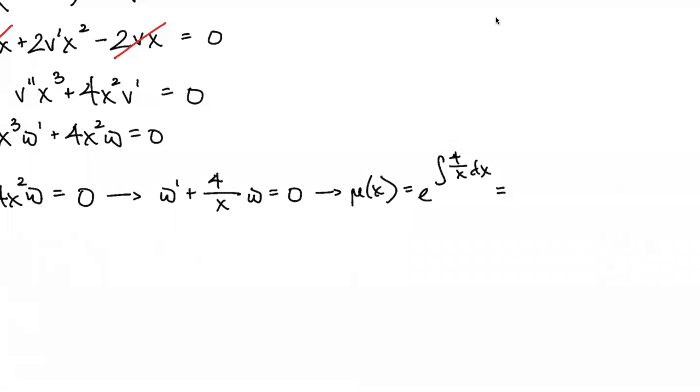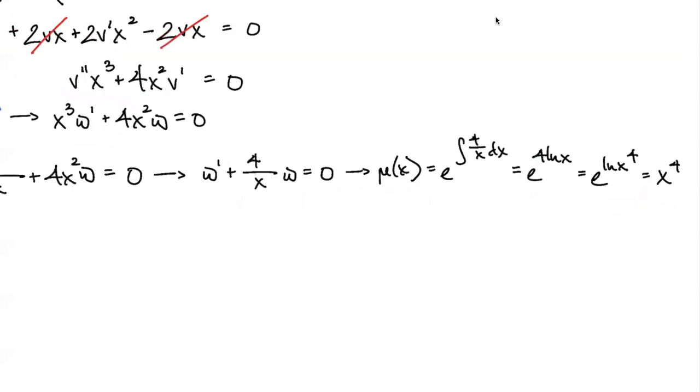Well, e to the 4 natural log of x, e to the natural log of x to the 4th, which will give us x to the 4th. Now, it's okay for me to drop those absolute values because I'm going to be raising something to the 4th power, which means that this x to the 4th will always be positive. Okay.